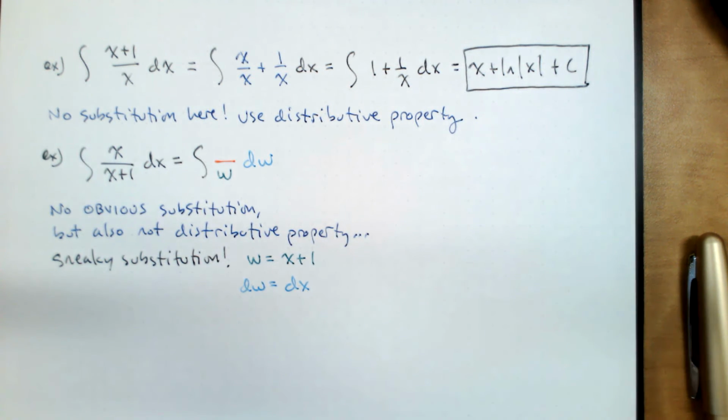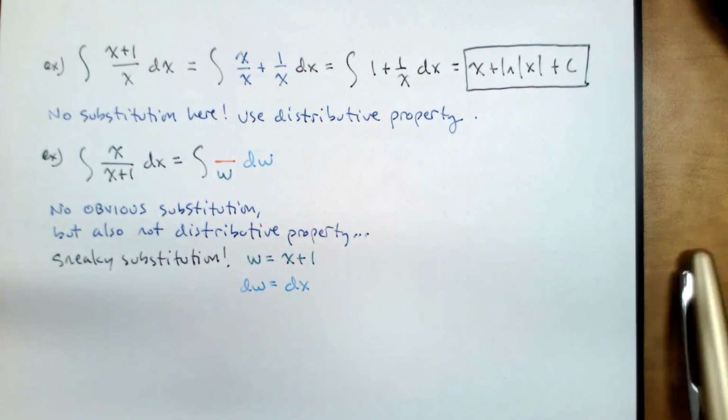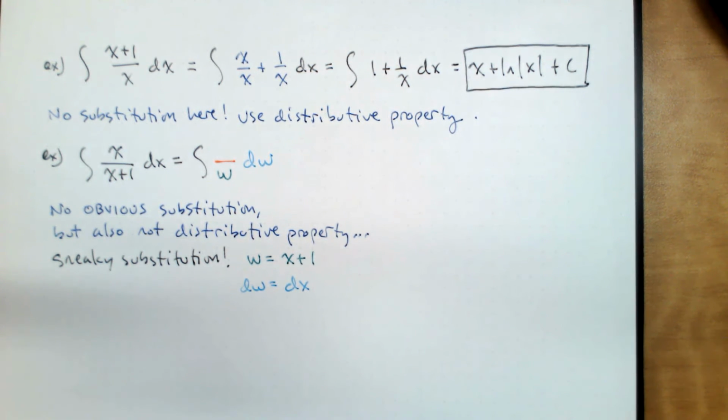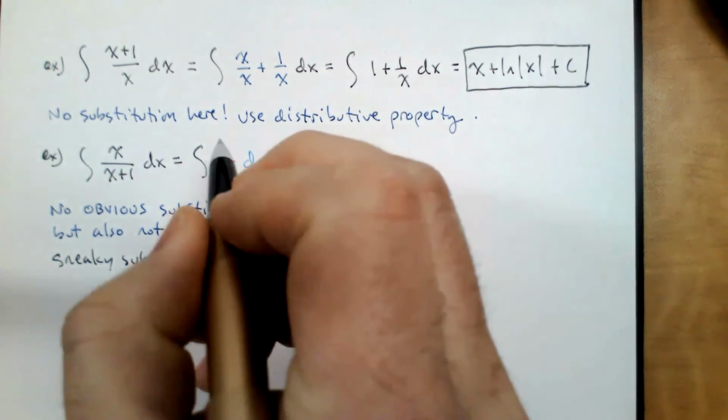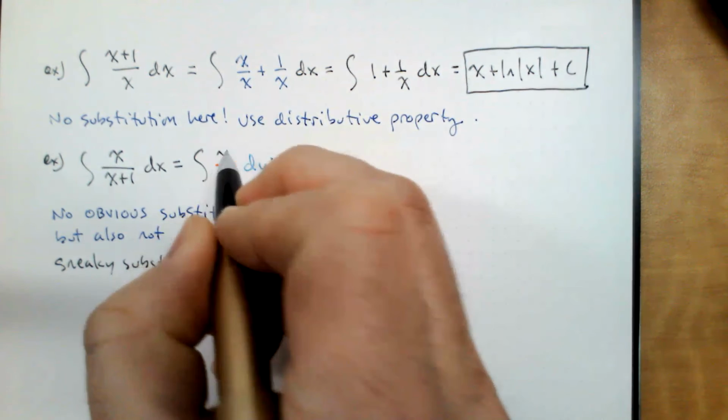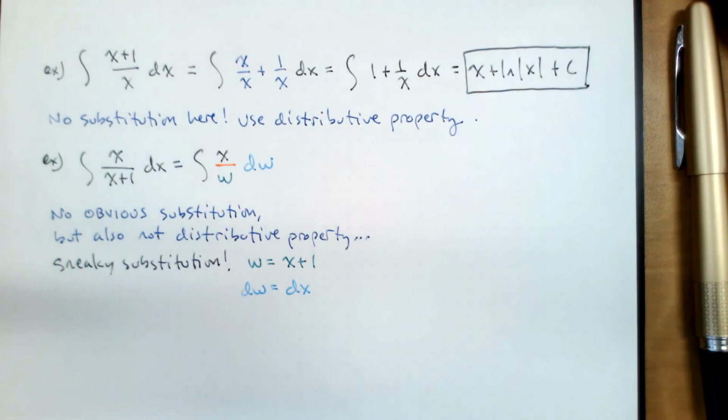And it's going to be offensive to your eyes to see this dw with an x still sitting in it. So watch out. Is everybody mentally prepared for this? Am I mentally prepared for writing this? Oh my God, I can barely look at it.